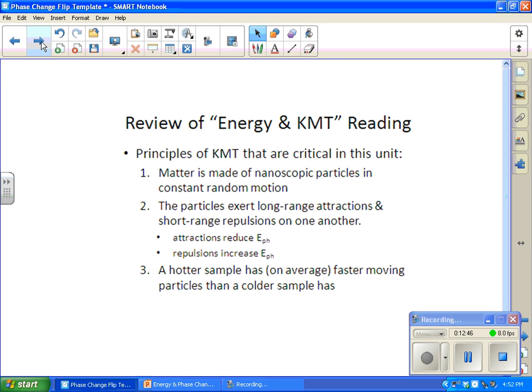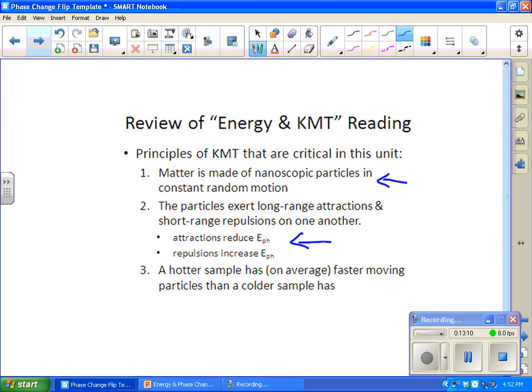So there are three principles of the kinetic molecular theory that are critical for this unit. The first of them, and we've talked about these before, is that matter is made up of nanoscopic particles that are in constant random motion. This should be very familiar to you. Second, particles exert long-range attractions and short-range repulsions on each other.